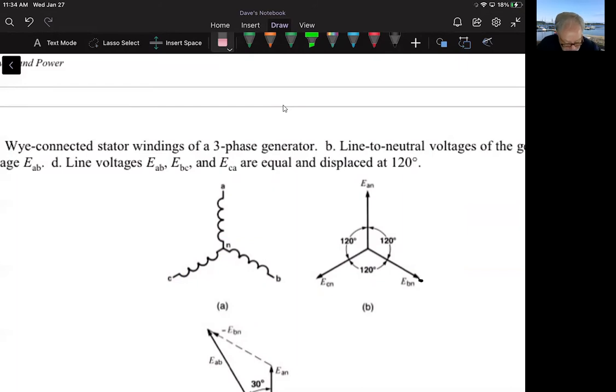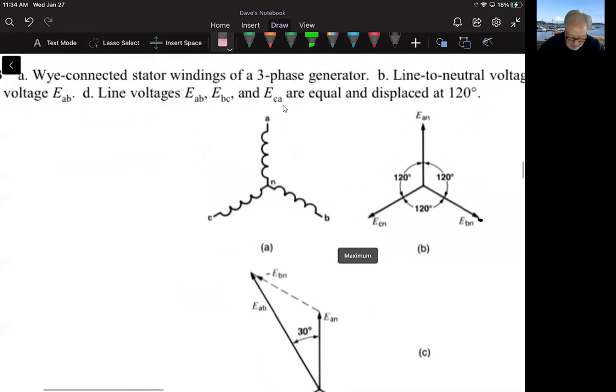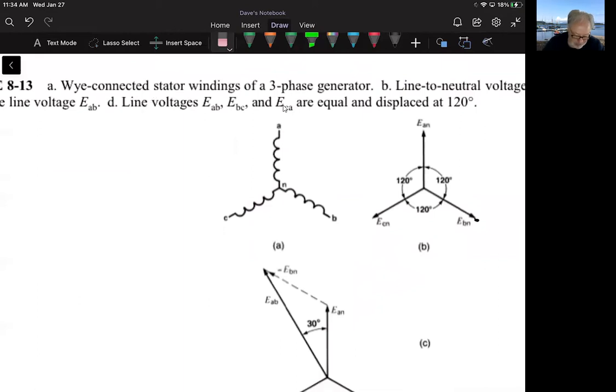Again, these are effective voltages, and they are represented by the length of the phasor. What we're able to derive from this, and we're going to work toward this in just a second, are these relationships that are given to us at the bottom of page 165.